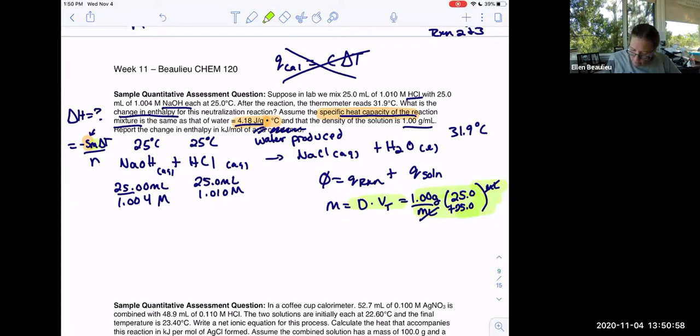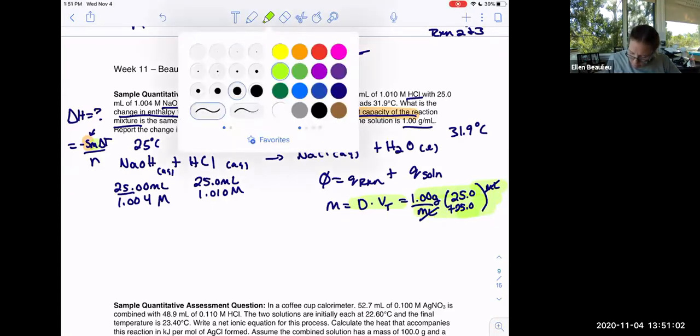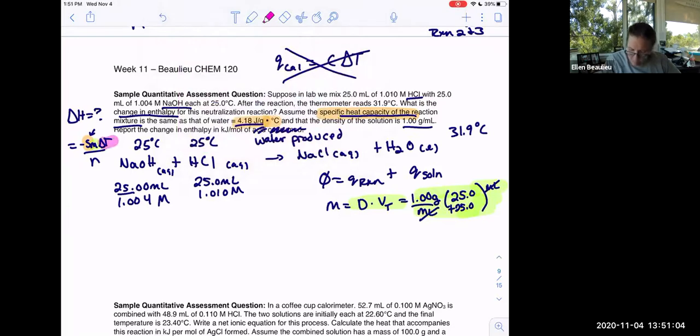Okay, delta T. What is that? What does delta T stand for? Change in temperature. So I know an initial, I know a final. So delta T is the final minus the initial.